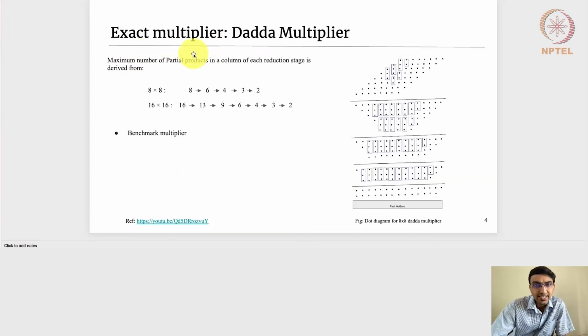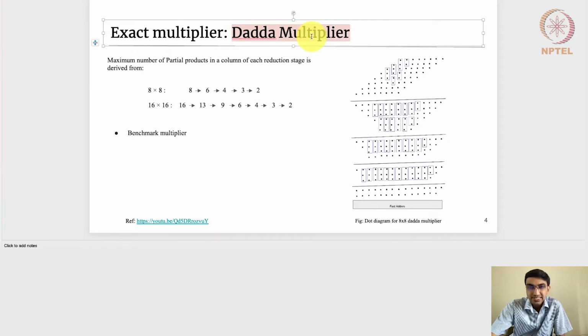Right, so here is an exact multiplier. This is called the conventional multiplier, also called the Dadda multiplier, because it was invented by the author Dadda himself. This is the way the Dadda multiplier works, where you have an 8-bit multiplication giving a 16-bit output.